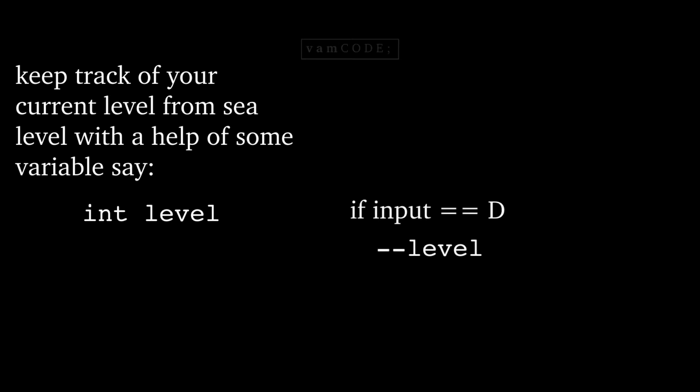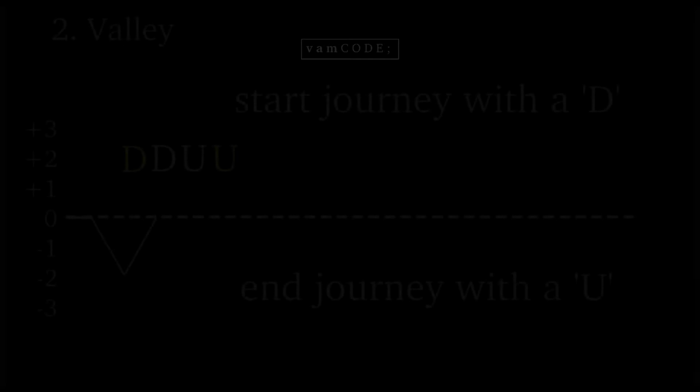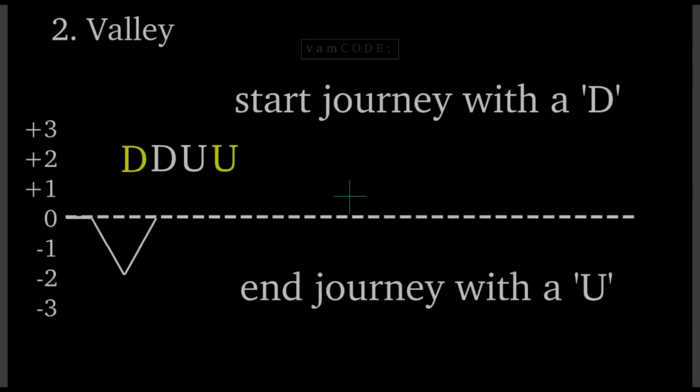And if we receive a D to go down, we can decrement the value of level by 1. Level obviously will start from 0 because we are starting at sea level. So that will keep track of whether we are going up or down and to what extent we are doing so.